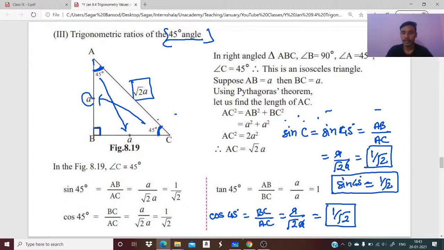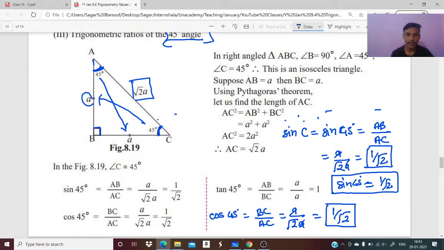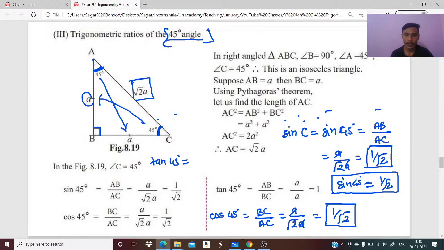Then if I ask you to find the tan of 45 degrees, you know that I can find it by dividing sine of 45 degrees by cos of 45 degrees. Sine of 45 degrees is 1 by root 2, and cos 45 degrees is again 1 by root 2. Since my numerator and denominator are the same, that will be equal to 1.